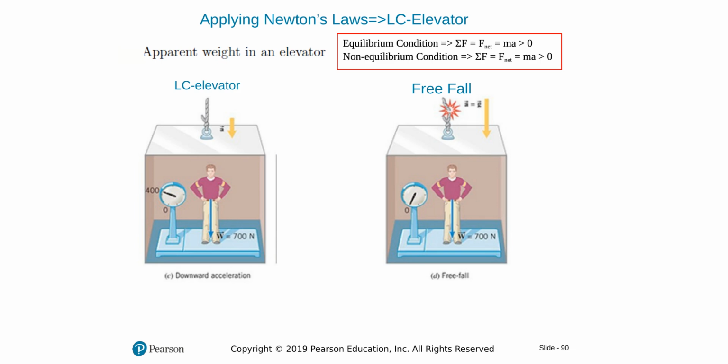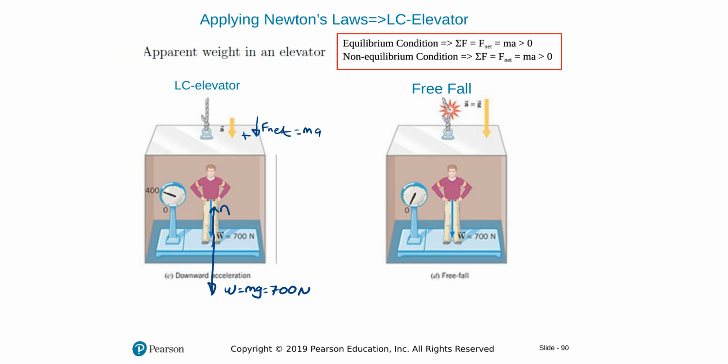Here, elevator is going down with an acceleration a. Now this is my positive direction because I must have an F net downward. That's ma. And weight is downward, normal force is upward. Now, let me show weight here as well. It's on the person, of course, but 700 newton.